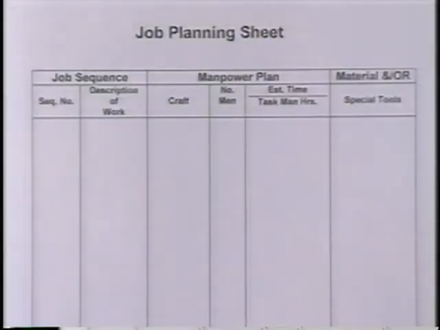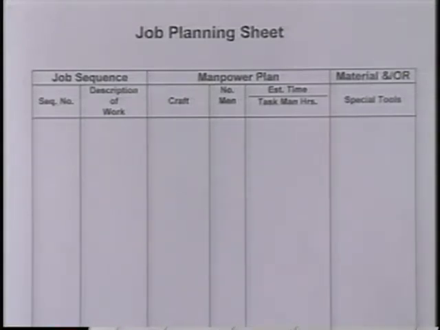Now, the next page, page number 7, addresses the job planning sheet that I made reference to a few moments ago. And I want to address the different headings on the job planning sheet so at least you have an opportunity to recognize how this company utilizes this particular job planning sheet.